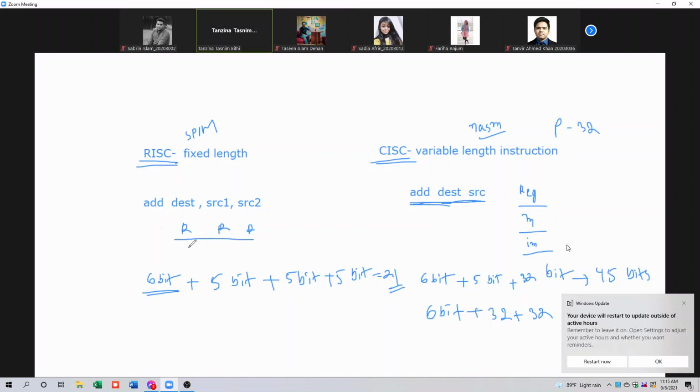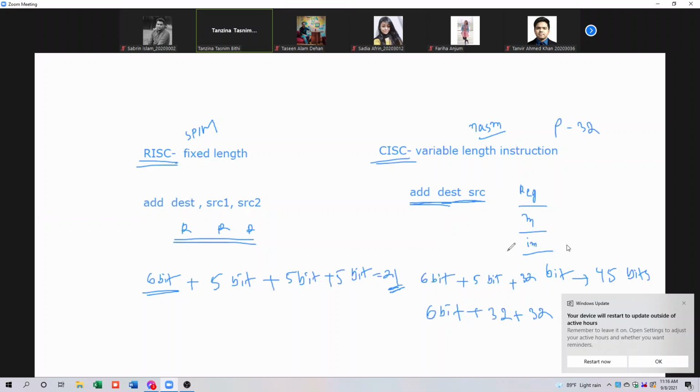Because in a RISC processor, there is only one addressing mode, and this is the register addressing mode. That's why RISC has fixed length instructions, because for any operation, when you write an instruction, it will be translated into a similar length binary language instruction. But what about the CISC processor?